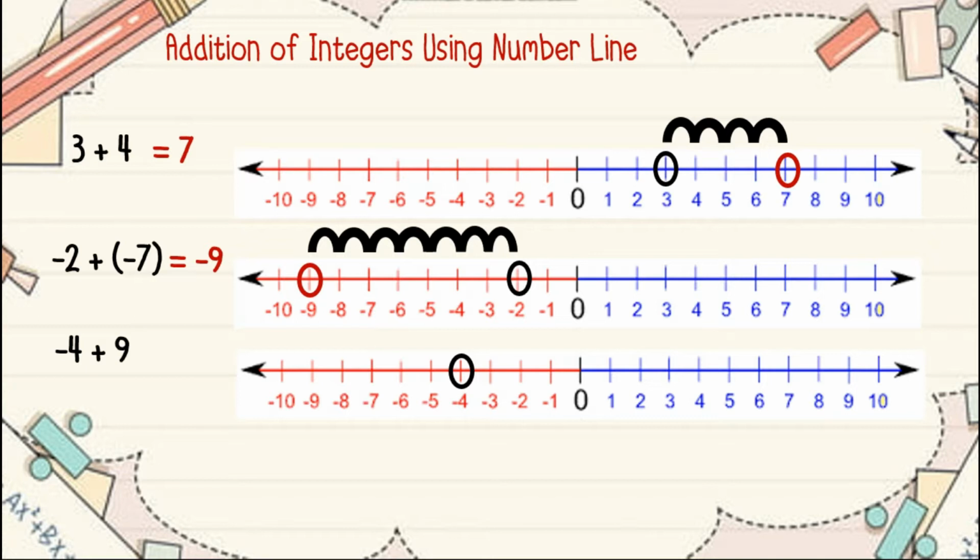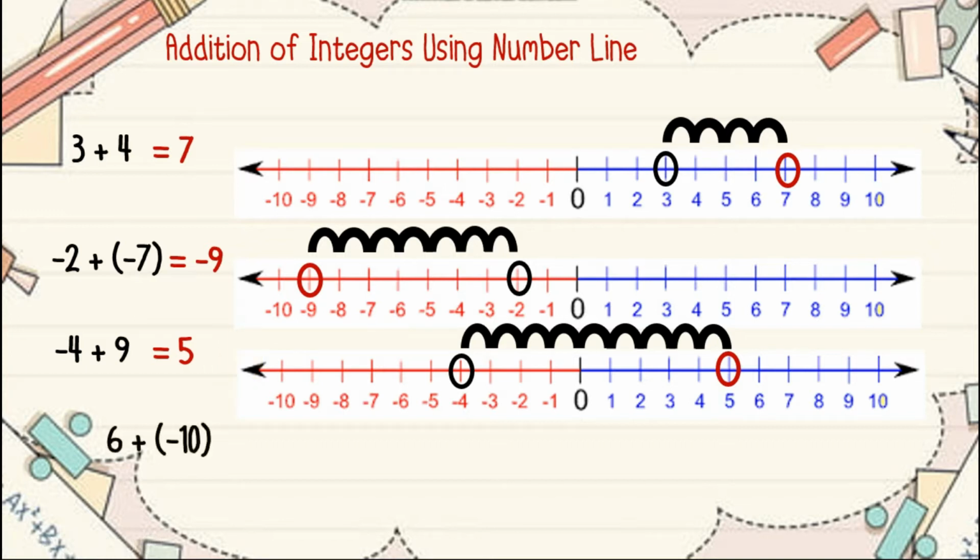So from negative 4, 9 units to the right. 1, 2, 3, 4, 5, 6, 7, 8, 9. So it is 5. Therefore, the sum of negative 4 and positive 9 is positive 5.